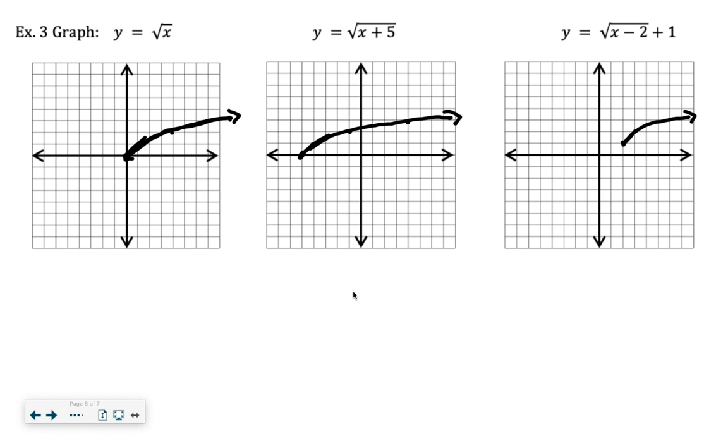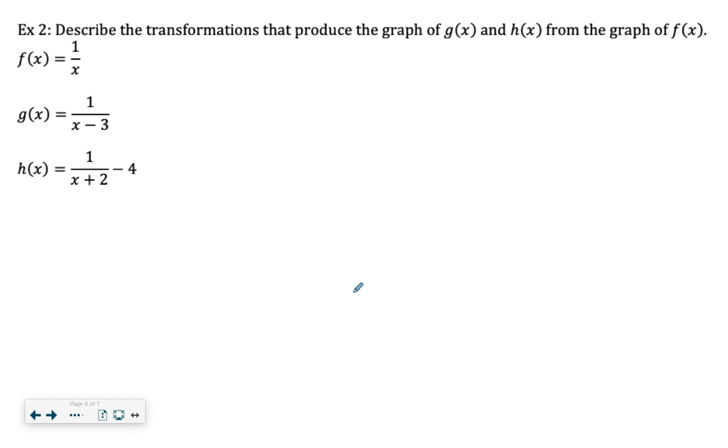So let's do the same thing we just did with vertical shifts, describe these transformations. Let's say my original function is 1 over x. Now, my g of x is 1 over x minus 3. Even though we don't have parentheses or a square root or something here, this is still considered to be inside of the function.